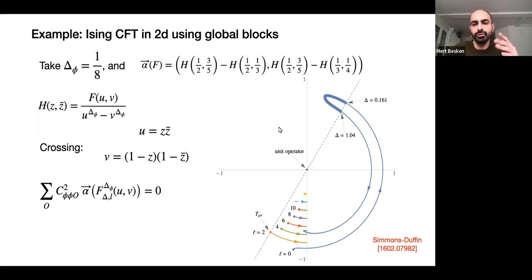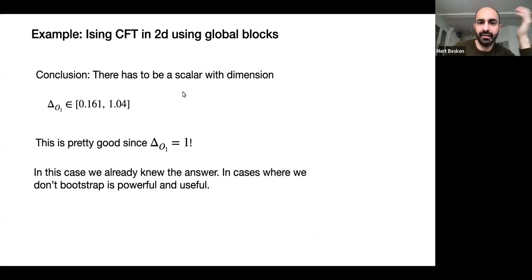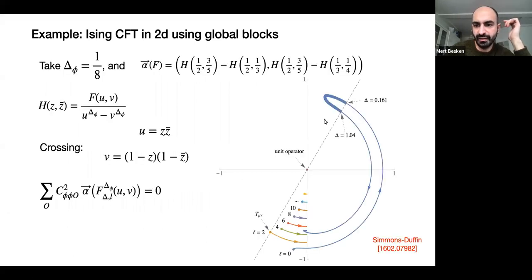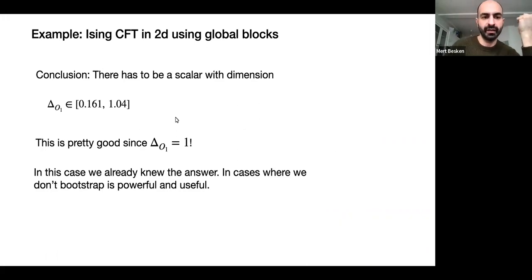So the conclusion is there has to be a scalar with dimension in between this range. These numbers are computed just by looking at this linear functional. And here we got some useful information, right? So there has to be a scalar with dimension between these values.